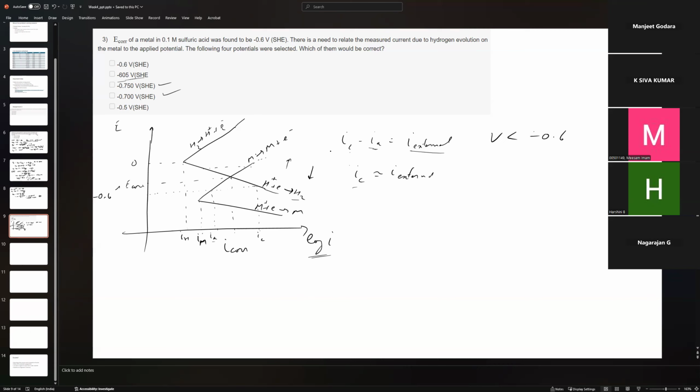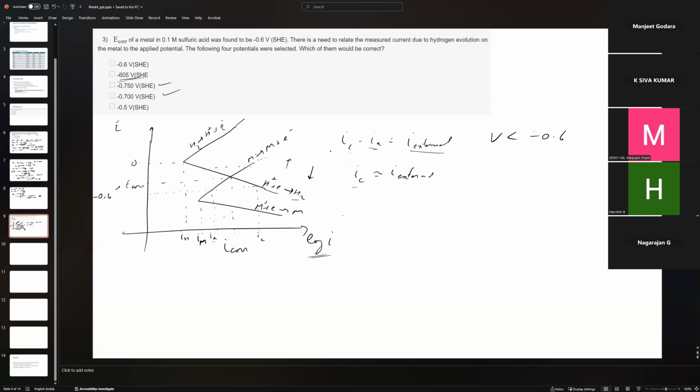I just presume it's maybe a typo or something, such a high voltage. But the higher the voltage, the more hydrogen evolution will take place in this case also. Yeah, it will.